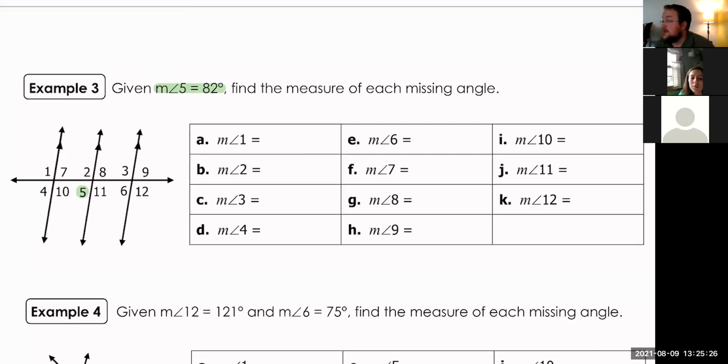In this case, I don't think we do, because angles 5 and 1 have no relationship. They are alternate, but one is interior, one is exterior, and there's no relationship for that. So I'm going to suggest we jump to 2, because 5 and 2 are a linear pair. So what could I find for the angle measure for 2?